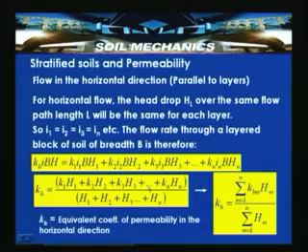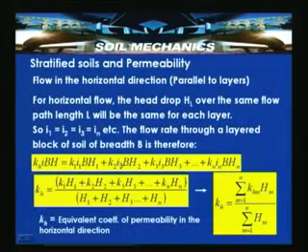That means if you have 4 stratified layers, then H is equal to H1 plus H2 plus H3 plus H4, or in the case of n layers, H is the total thickness of all the layers, H is equal to H1 plus H2 plus H3 plus H4 to Hn.